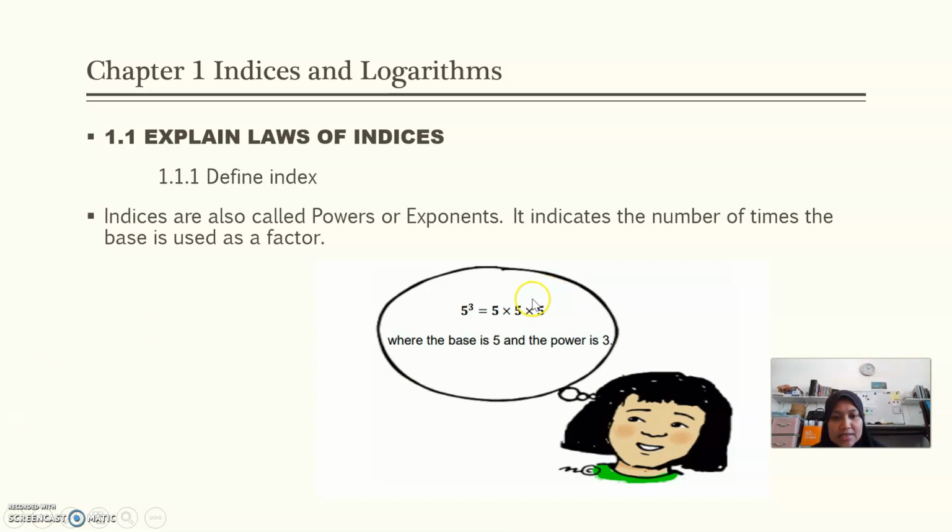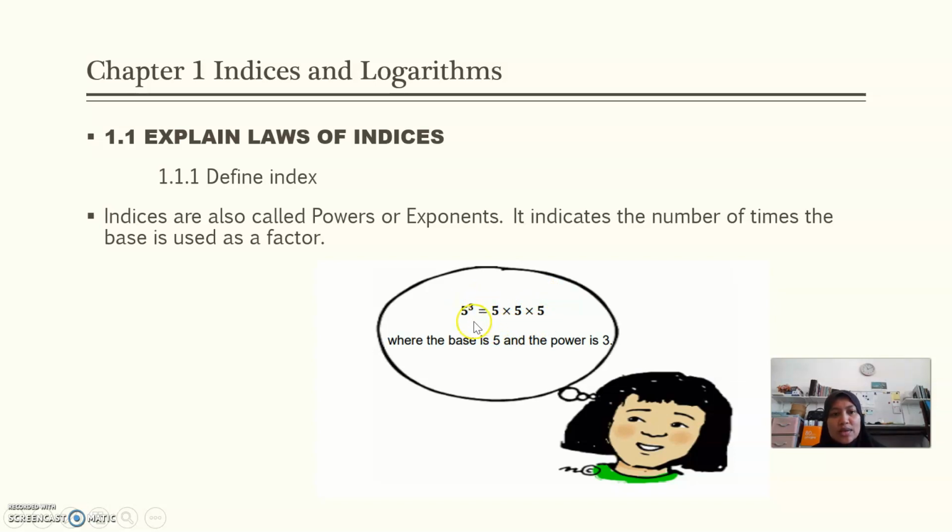Let's take a look at this picture. For instance, 5 power of 3 is actually equal to 5 multiplied by 5 multiplied by 5. We multiply 5 for 3 times. The base is 5, and the 3 is the power.